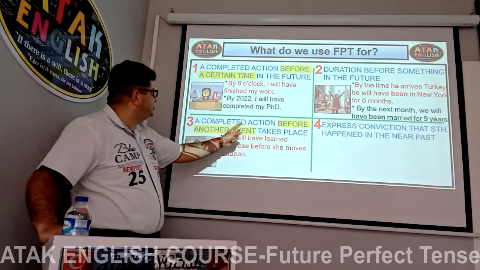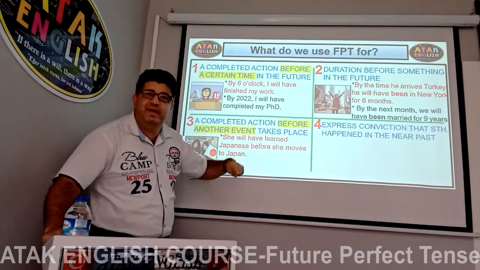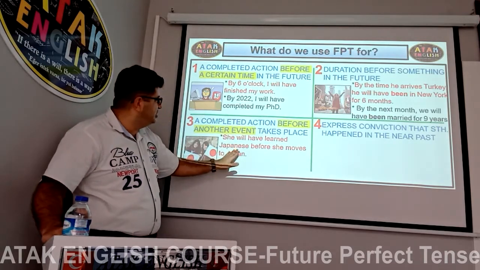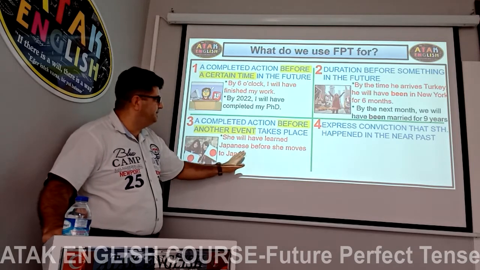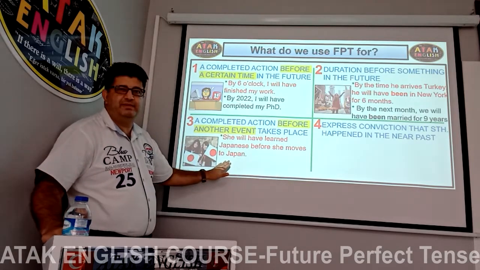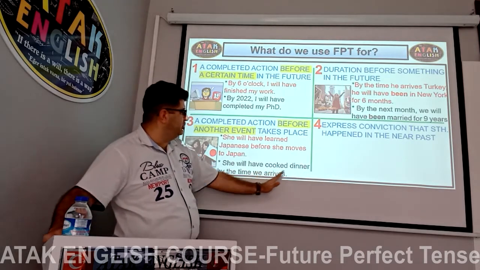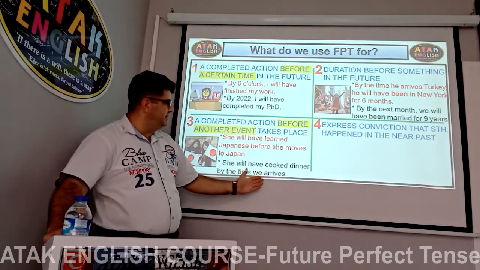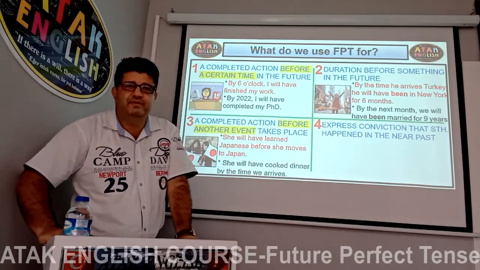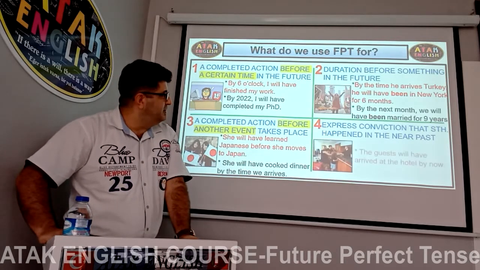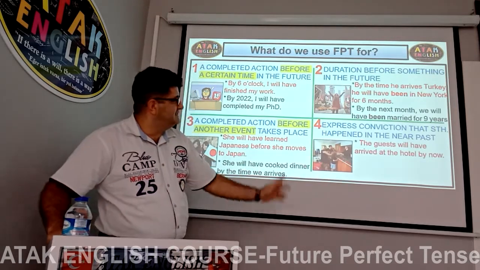Number three. A completed action, this time before another event takes place. She will have learned Japanese before she moves to Japan. Or she will have cooked dinner by the time we arrive. Okay, finally, number four. Let's see our example.